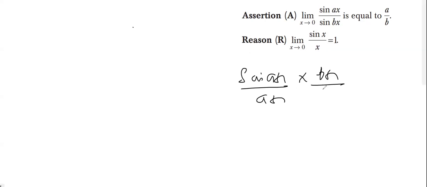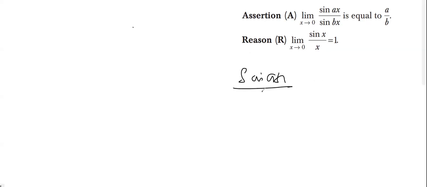We have this as the assertion, that is sine ax by sine bx, limit x tending to 0. So sine ax, I'll divide it by ax, then I multiply by bx. Better understanding will come like this.